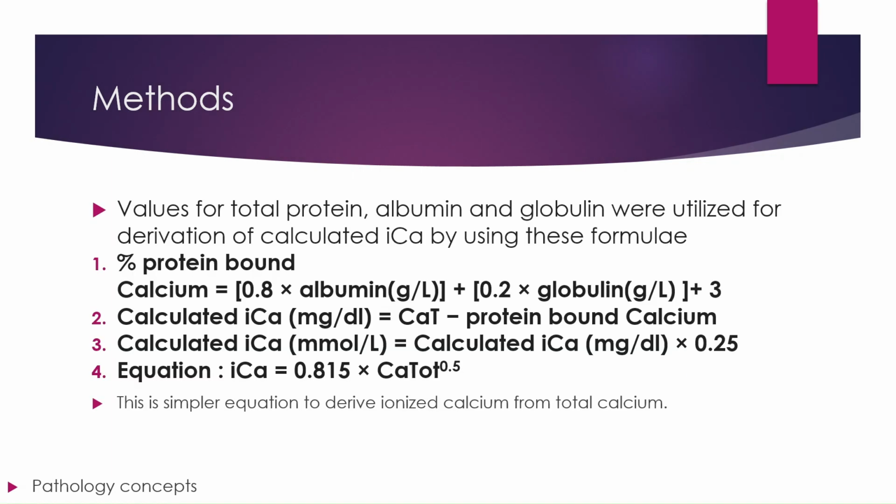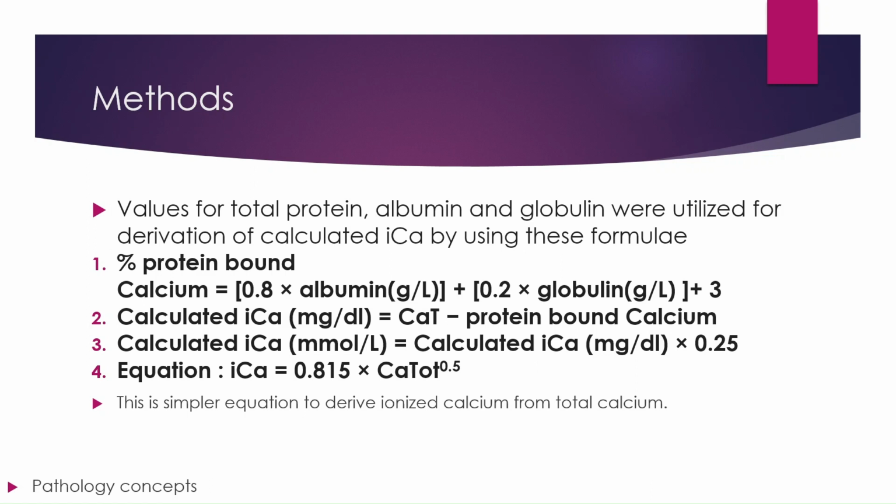Values for total protein, albumin and globulin are utilized for derivation of calculated ionic calcium by using these formulas. First, percentage protein bound calcium is equal to 0.8 times albumin plus 0.2 times globulin plus 3. Now, calculated ionic calcium is equal to total calcium minus protein bound calcium.